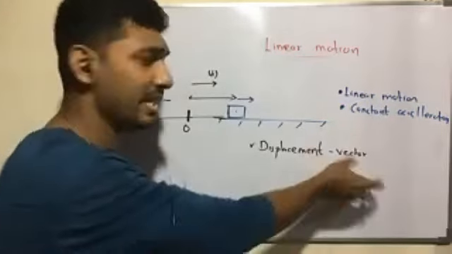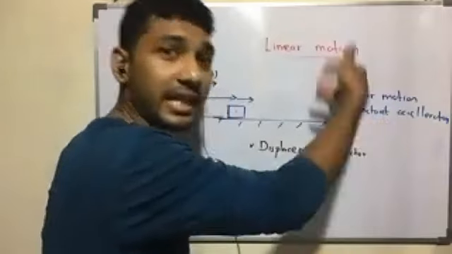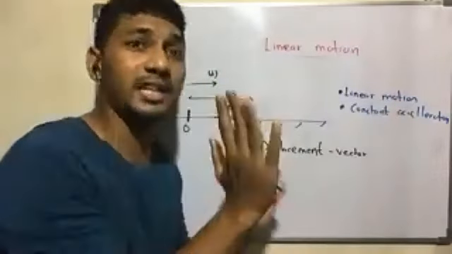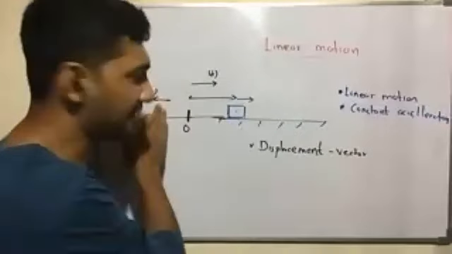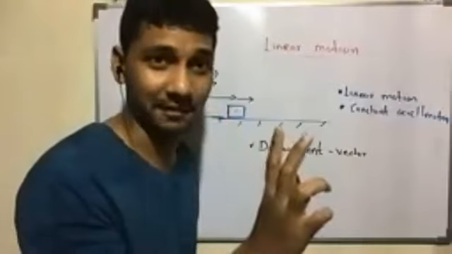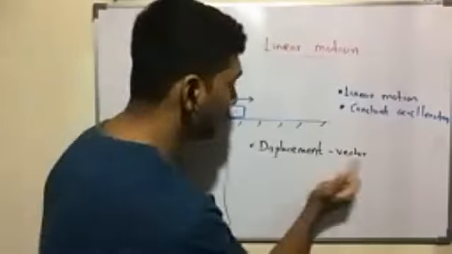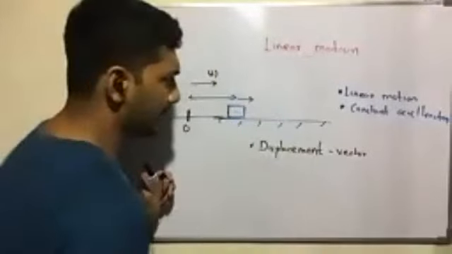So it can be moving in this direction or this direction. Whatever the direction, if the position is right side, then that is plus. If it is in the left side, then that is minus, that is negative. That is how the direction of displacement is measured.